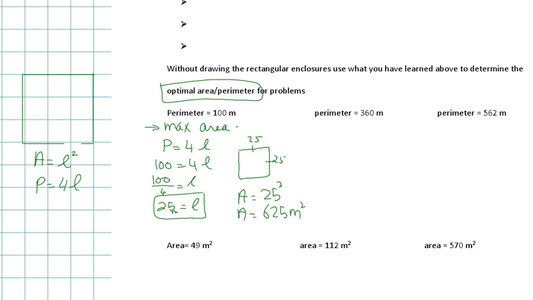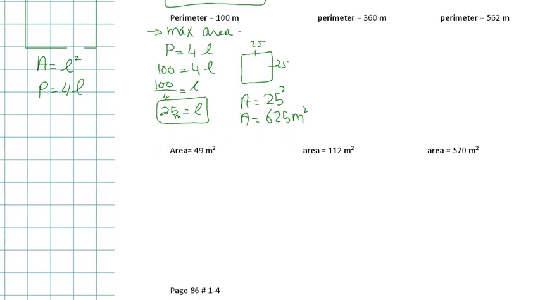Now, what if you have an area in your square? What are you trying to optimize? The perimeter, and that means I'm looking for the minimum perimeter. Because I'm given the area, I start with the area formula. The area that's given to me is 49. How do I solve for L?